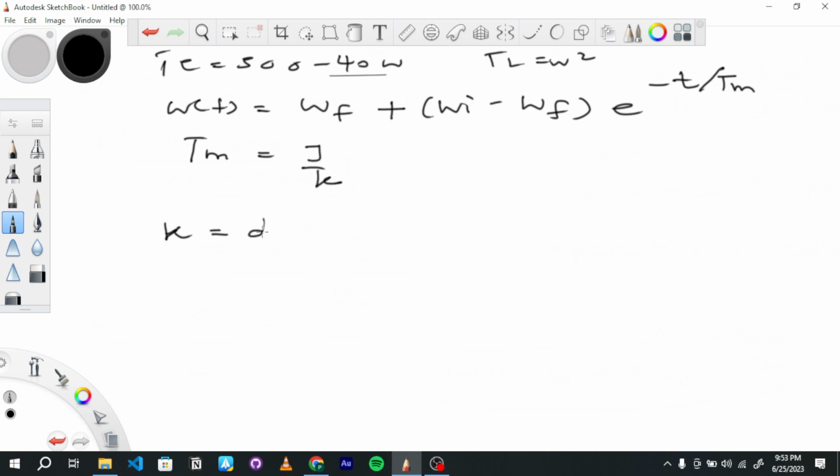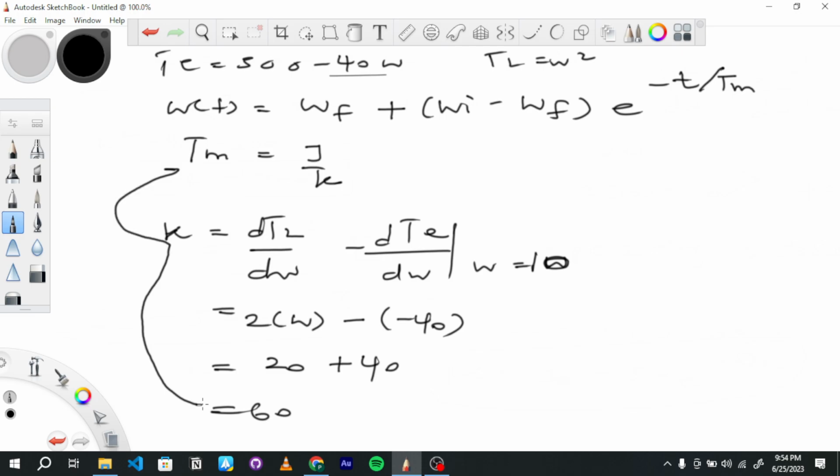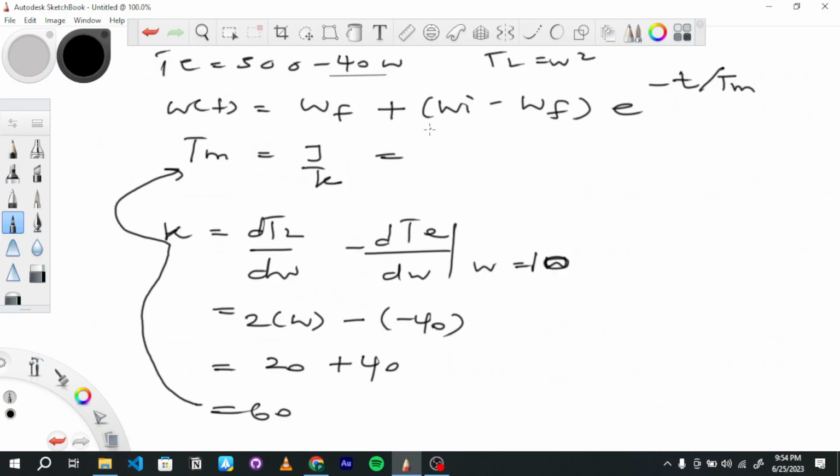K is dTL over d omega minus dTe over d omega at omega equal to the final speed, which is 10 in this case. dTL over d omega is 2 omega, minus negative 40. So omega is 10, this is 20 plus 40. K is 60. Tm is J over K. J is 6, so Tm is 6 over 60, that's 1 over 10.